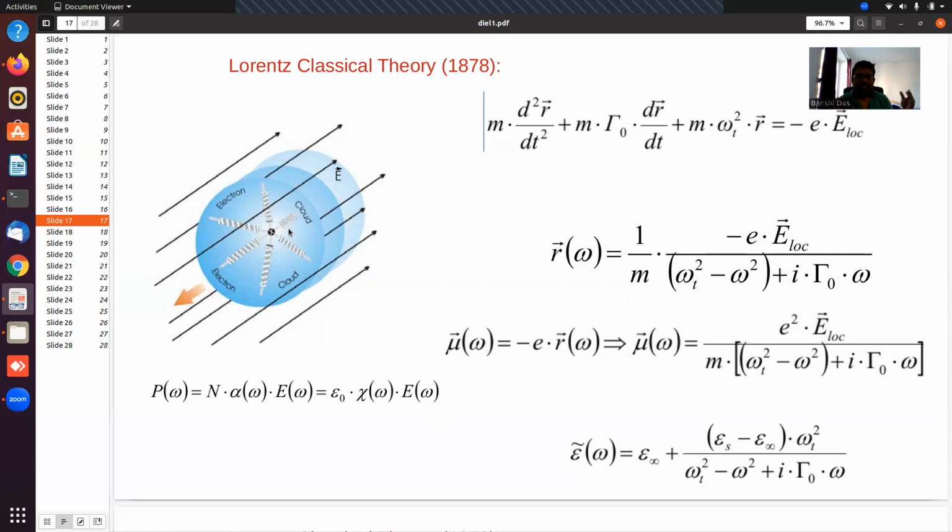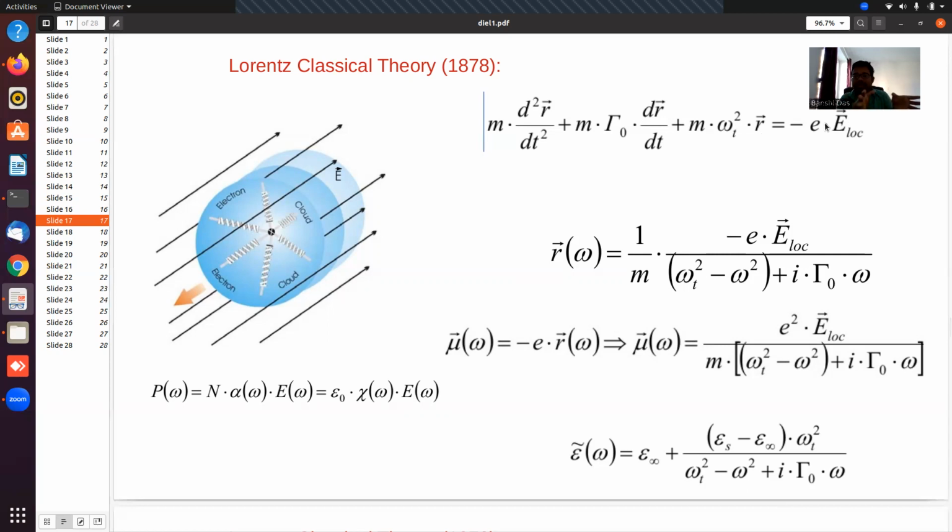The external field we can consider as E local, the local electric field. This charge times E local is the net force, on the right hand side.